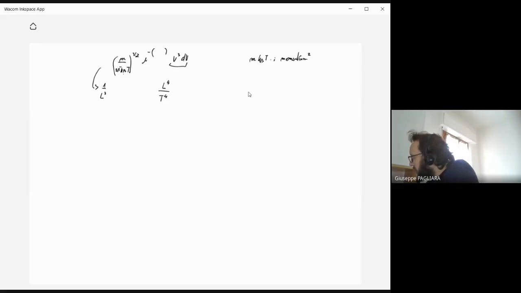Remember that kbt is an energy, so it's something like p squared divided by 2m. Therefore, m kbt is a momentum squared, as I said before.